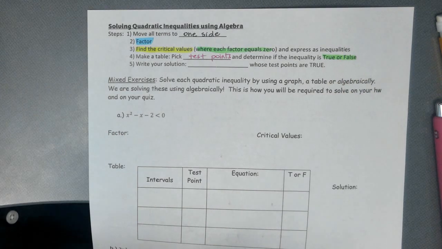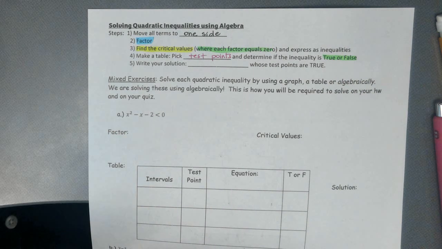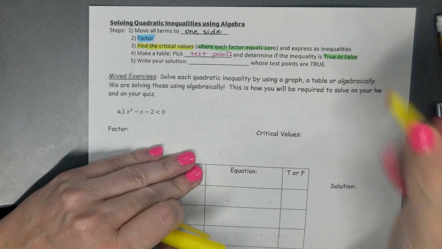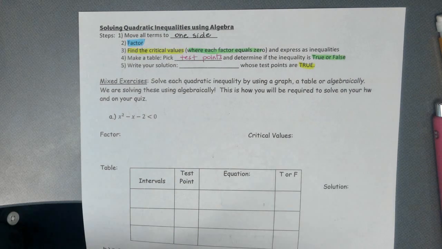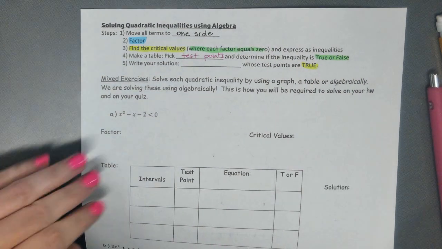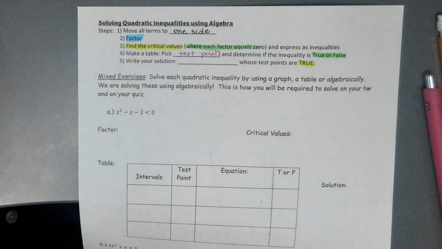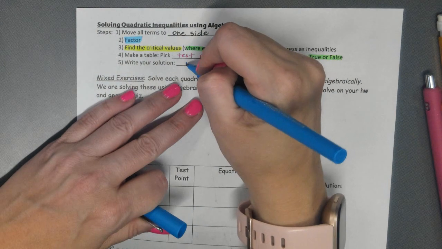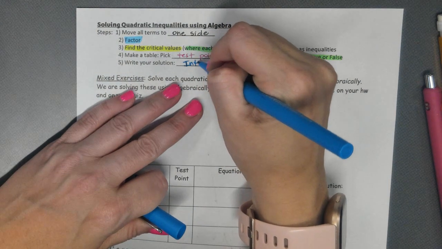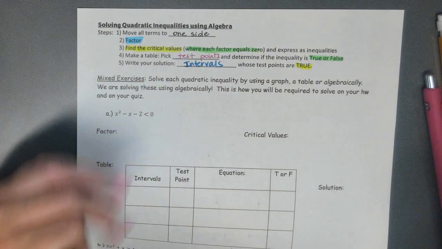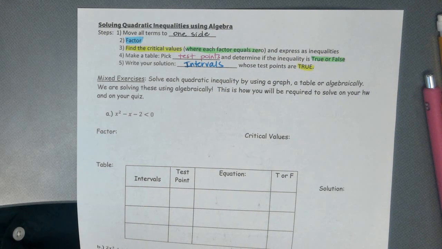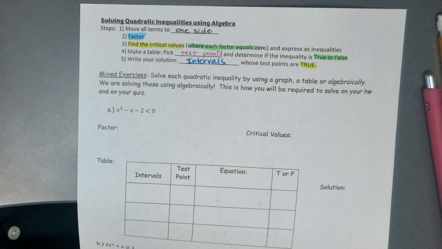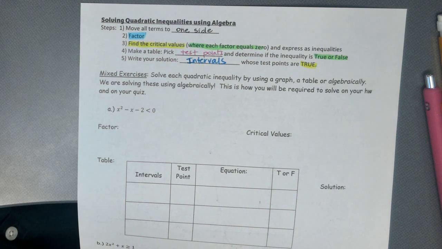Now, you will know what your solution is because it's going to be the intervals where the test points are true. Okay, so this is a multi-step process. I'm going to walk you through it.